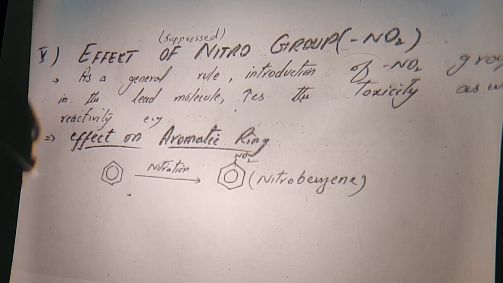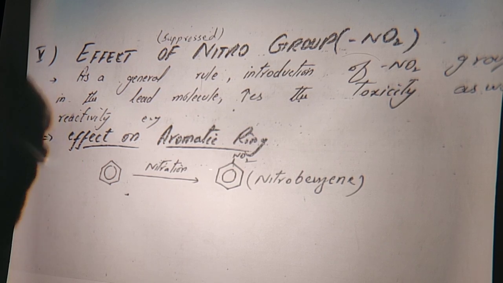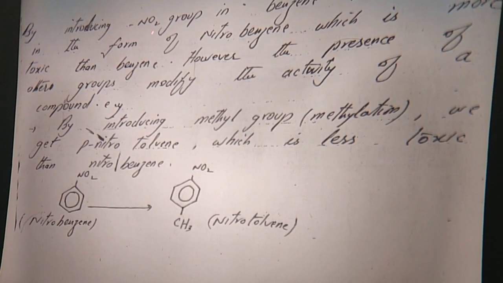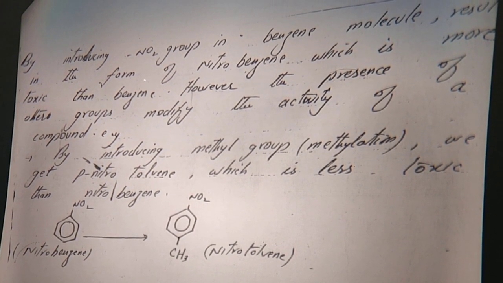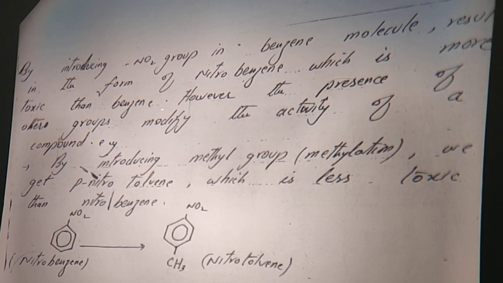Now the effect on aromatic ring. This is benzene. You have performed nitration and it will be converted into nitrobenzene. By introducing a nitro group in the benzene molecule, we get nitrobenzene, which is more toxic than benzene.